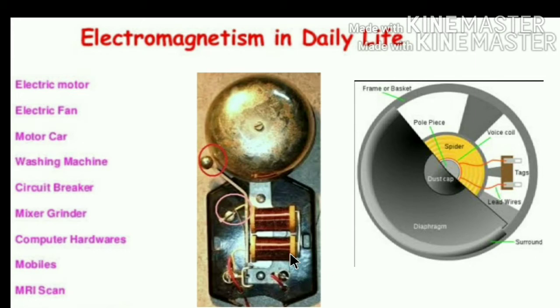The system of coil and screw is called an electromagnet.